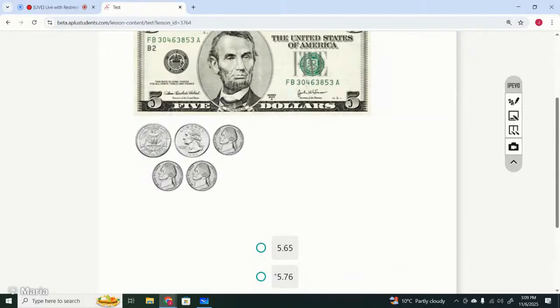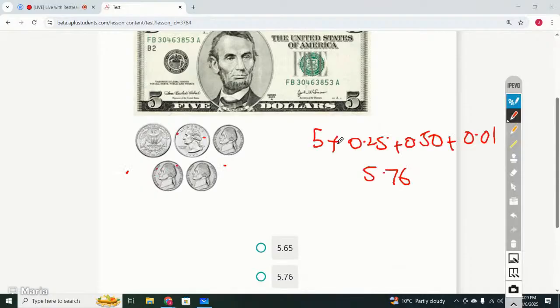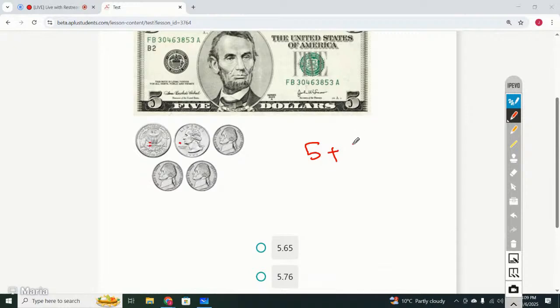Okay, again, so we have a $5 bill. So for the $5 bill, we have 5. Then we have two quarters. The quarters are 0.25. So two of them, that means 0.50. Right? Then we have 1, 2, 3 nickels. We can count them by fives.